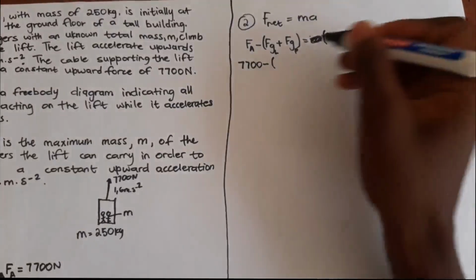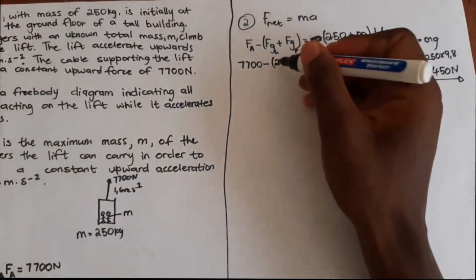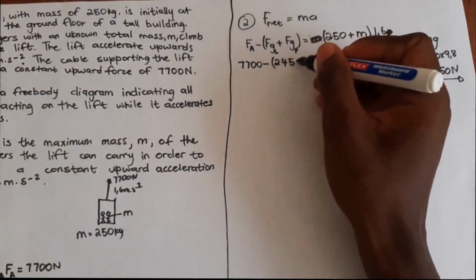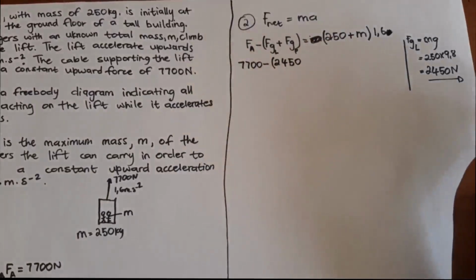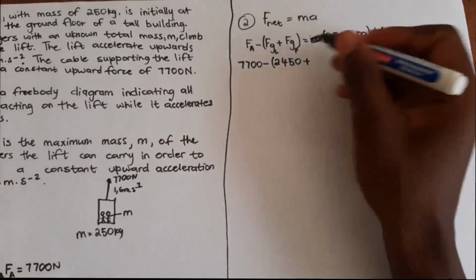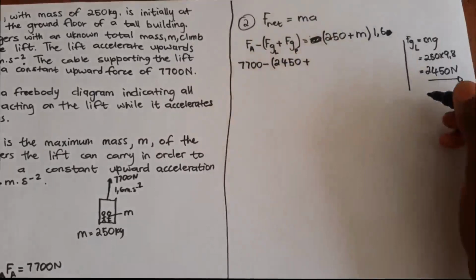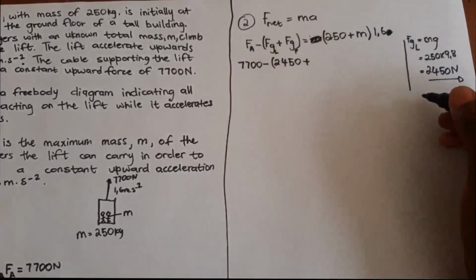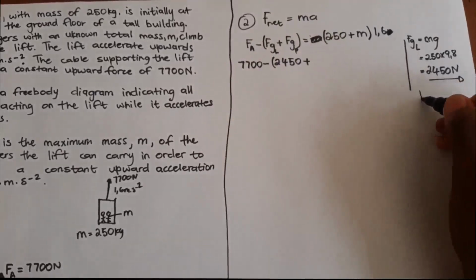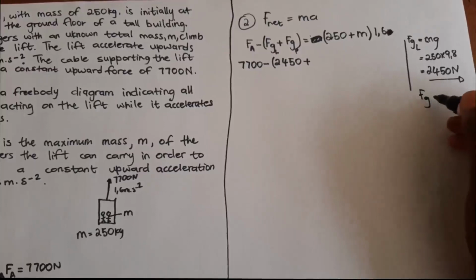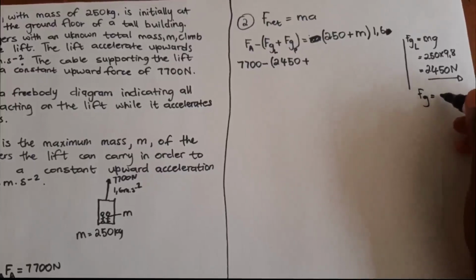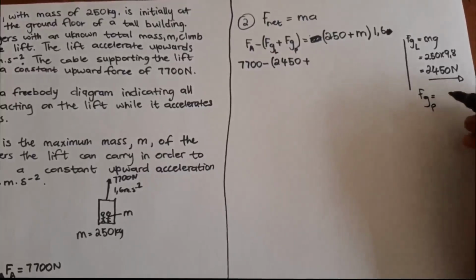Let's write it down: 2,450 newtons plus, what's the gravitational force acting on the passengers? It will be equal to mg, the mass of the passengers multiplied by gravity.